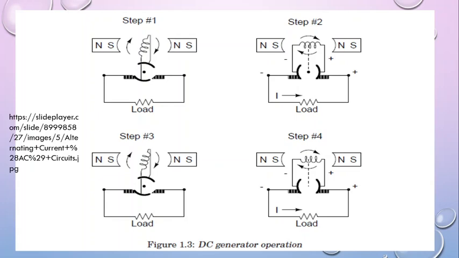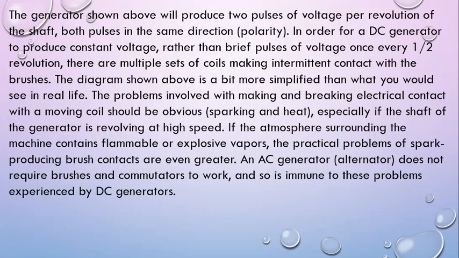Also, here we have some steps. Step 1, this is our load. Step 2, step 3, and step 4. The generator shown above will produce 2 pulses of voltage per revolution of the shaft, both pulses in the same direction or polarity.